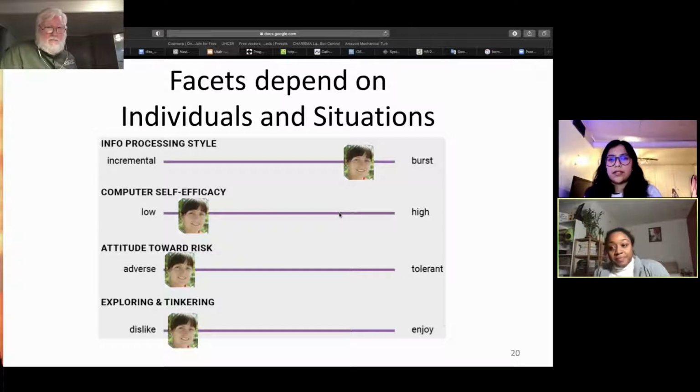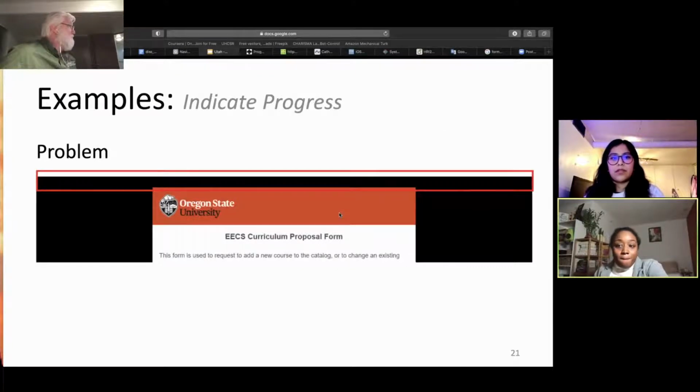All right, we'll move on to a couple of examples, and maybe this will be a little more clear. This is a web form for Oregon State University that's used to request to add a new course or to change an existing course. What's highlighted here in the red box is the problem, and there's nothing there.